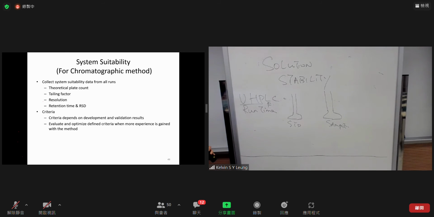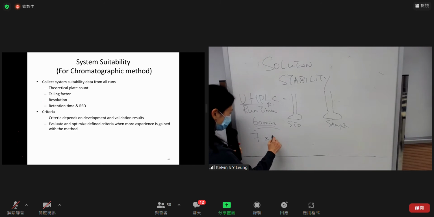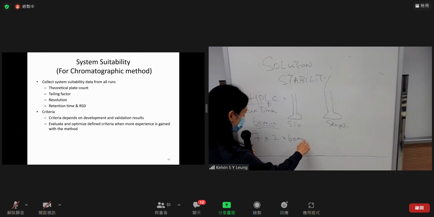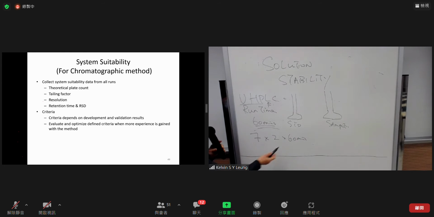To exaggerate a little, maybe one injection takes 60 minutes, an hour. Can you imagine you have 7 concentrations with, as an example, duplicates, at 60 minutes each? That means you have to use 14 hours to build up your calibration.